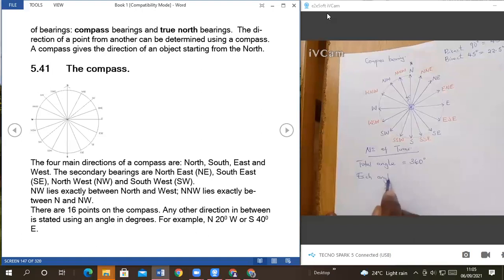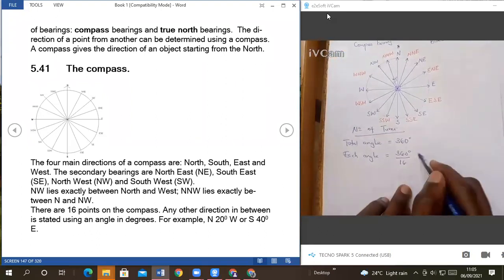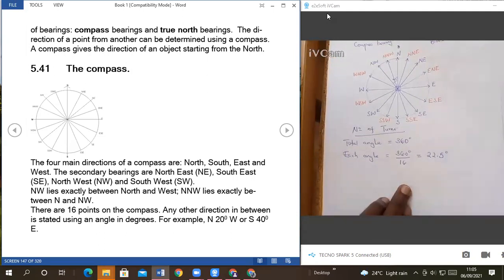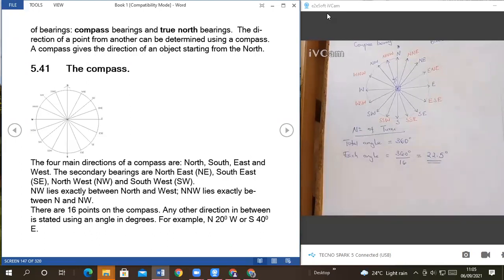Each angle will be 360 degrees divided by 16, which gives 22.5 degrees. Are you together, members? That is it. That is the compass. So we are saying there are 16 points on the compass.